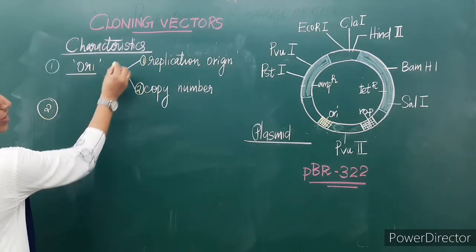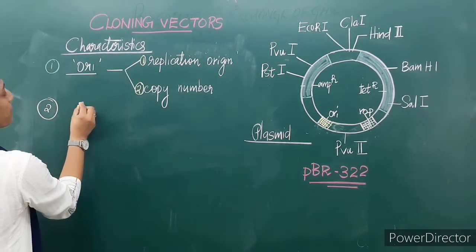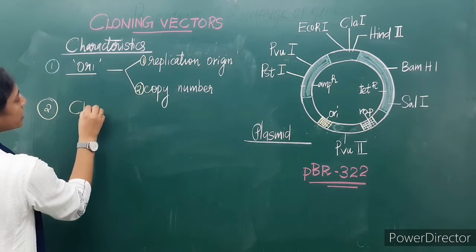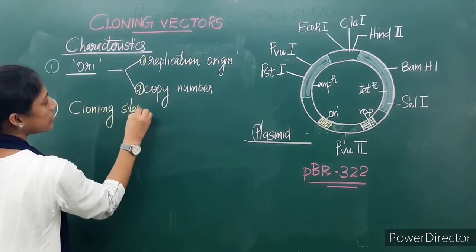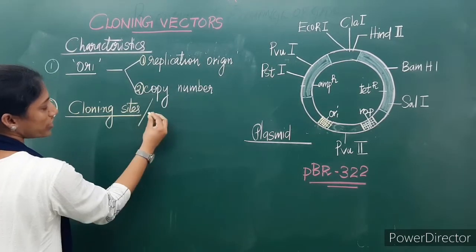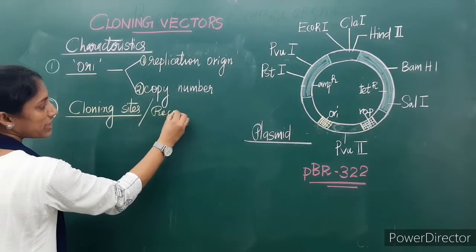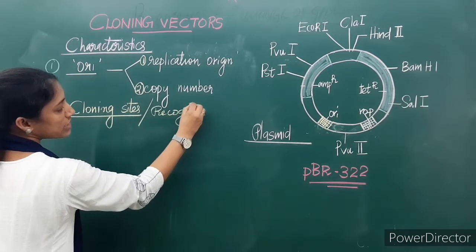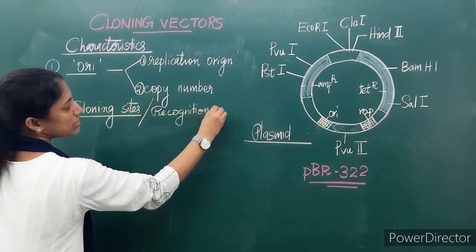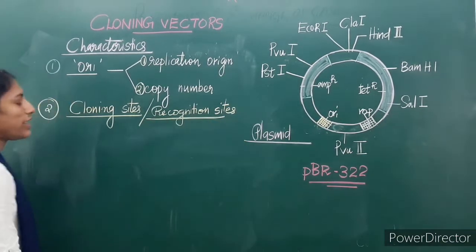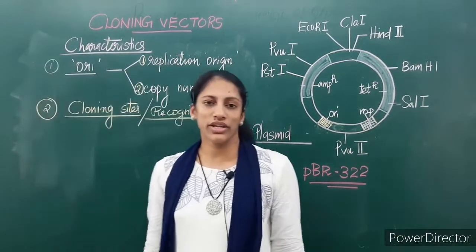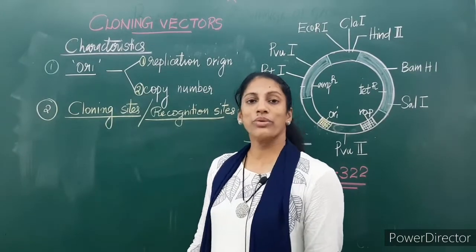Okay. Second feature: a cloning vector must contain cloning sites. We have already discussed what cloning sites are, otherwise called recognition sites, otherwise restriction sites. What do you mean by the presence of cloning sites in the cloning vector?